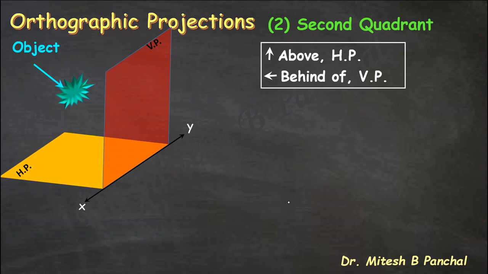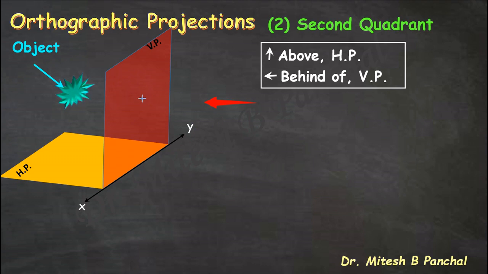Now again the viewing directions are fixed. For the front view, you have to view the object from this direction, right? Here VP is the plane of projection and the object is over here.